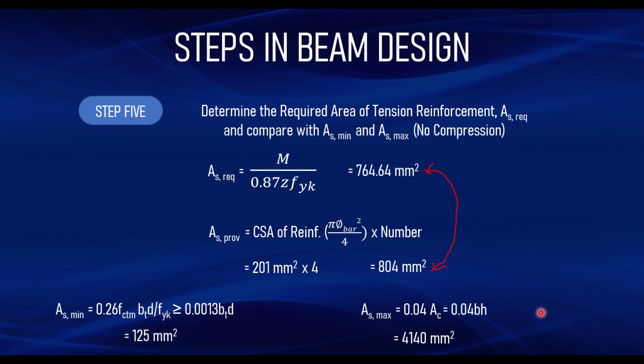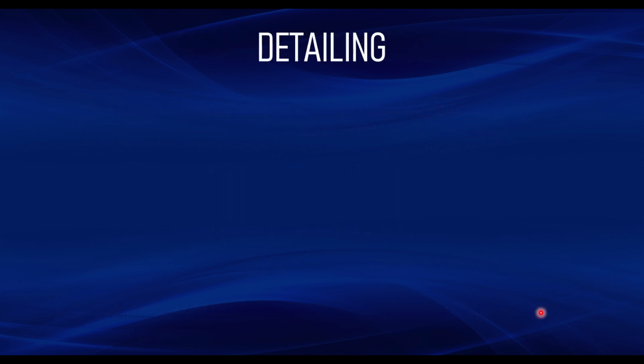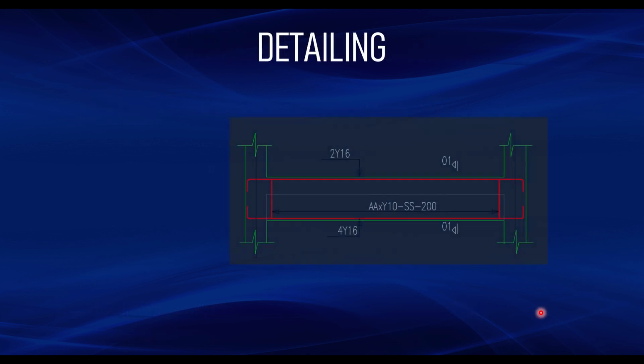Because our beam does not require any compression reinforcement, then we don't have to go to that part of the compression reinforcement. Let us now move to the detailing part. The detailing of the beam is going to go like this. You have the bottom reinforcement, then you see the number is 4Y20 because from the area of reinforcement calculated we have 4 number.